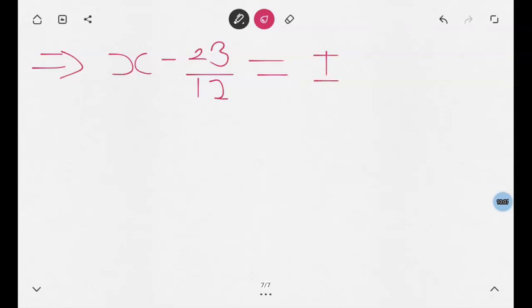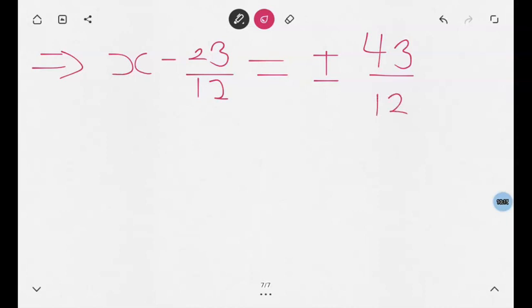Further simplifying, this will leave us with x minus 23 on 12 equal to plus or minus 43 on 12.